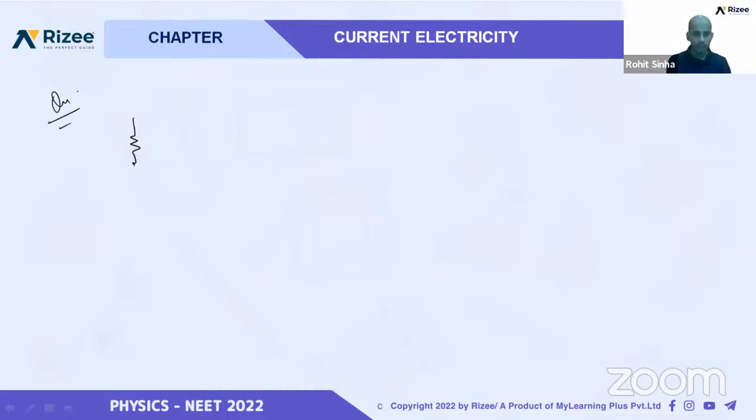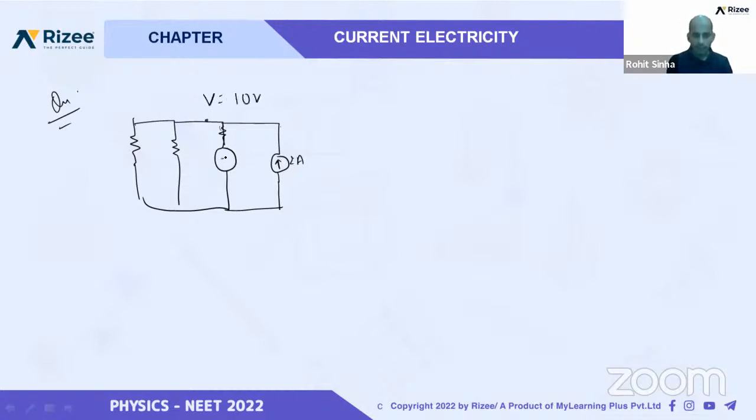Suppose I am having here like this. Let me take an example like this. Suppose we have voltage V equal to 10 volt, and here the voltage is equal to 2 volt.